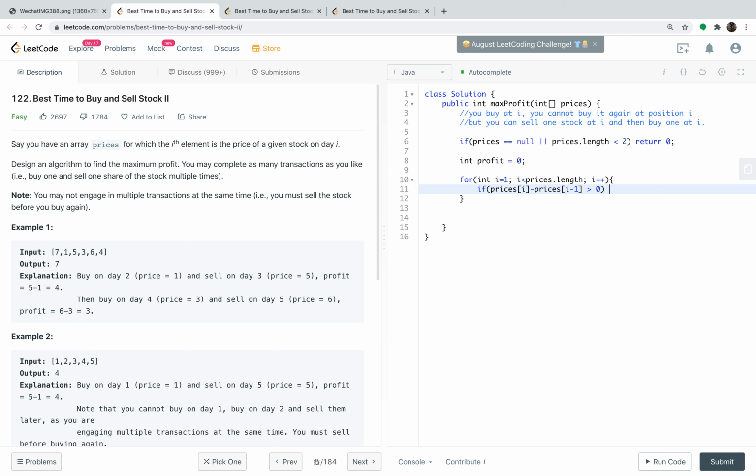Then we just immediately add the difference to the profit so that we can get the maximum profit finally. Profit is equal to profit plus prices[i] minus prices[i minus 1]. So that's how we get our final solution.